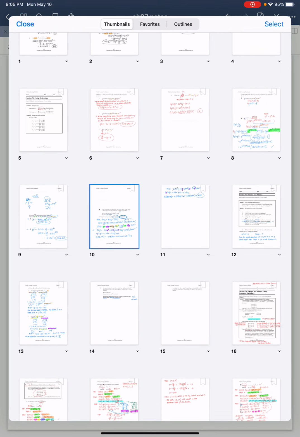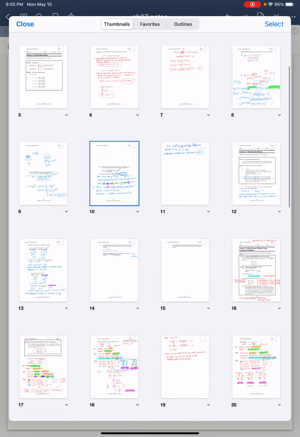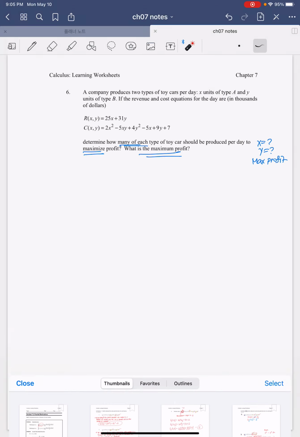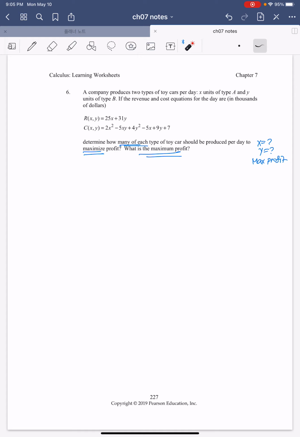So first, let's find out the profit function. So P of xy will be R of xy minus C of xy. So it will be 25x plus 31y.